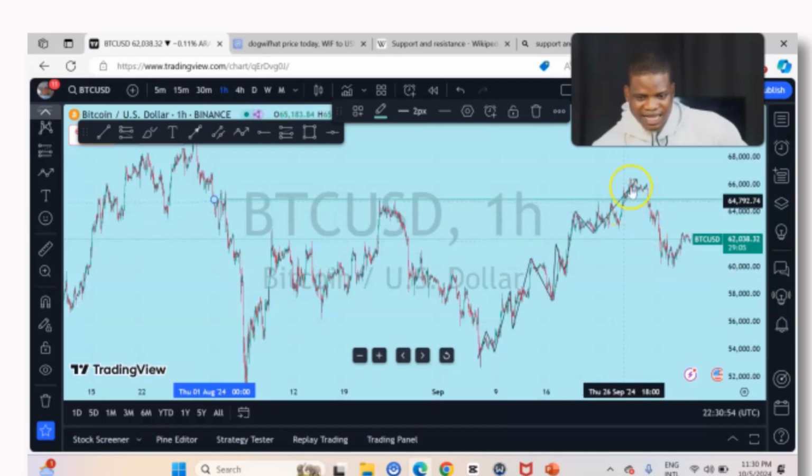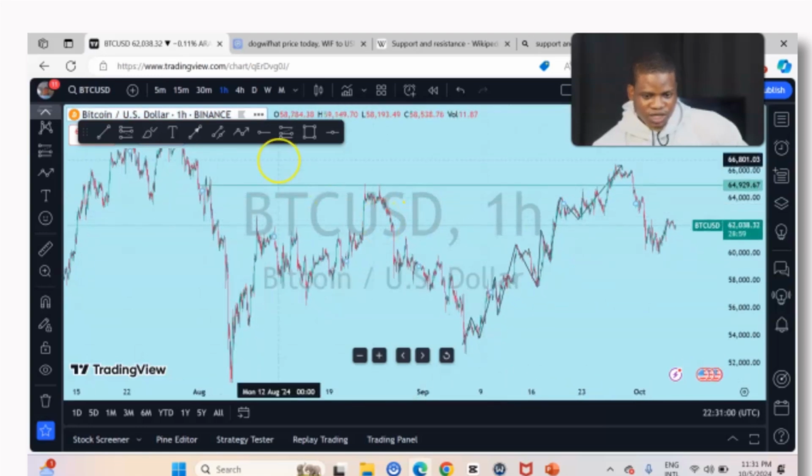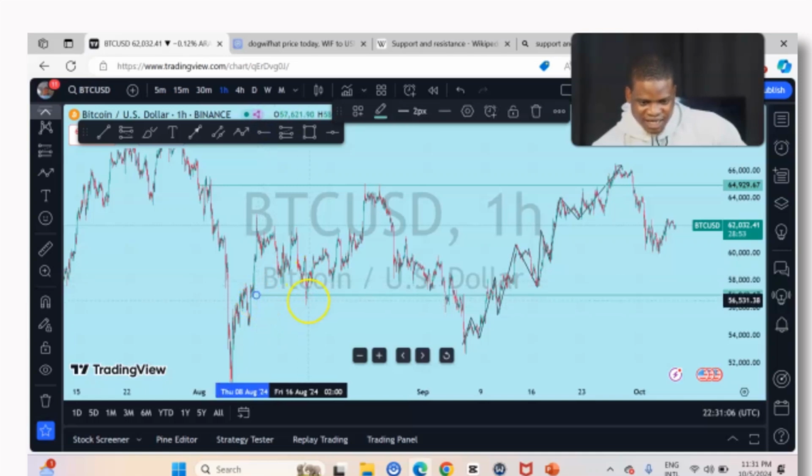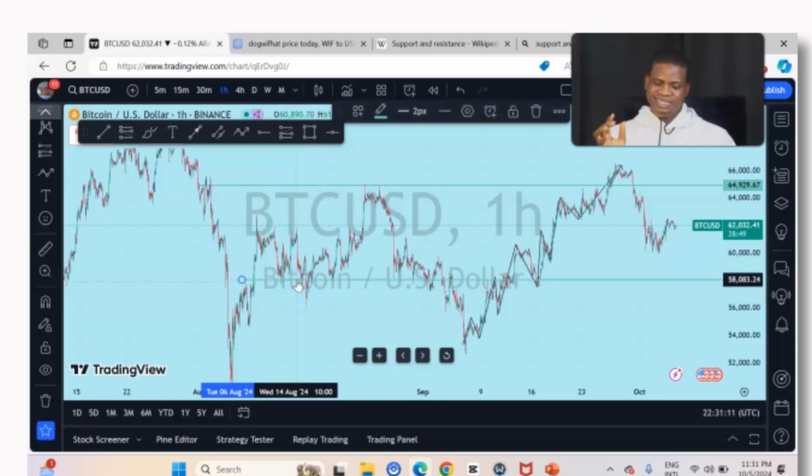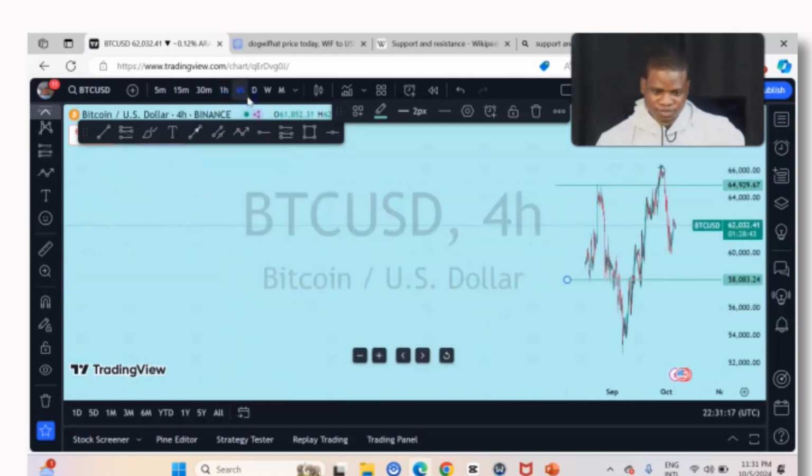Price came here and broke it. You see, it broke the resistance at this point. Now, if you look at this particular point, you see that anytime price comes to this area, it tries to go up. You can't draw it as a straight line. It's always an area because it can never be a straight line. I hope you really understand that concept.